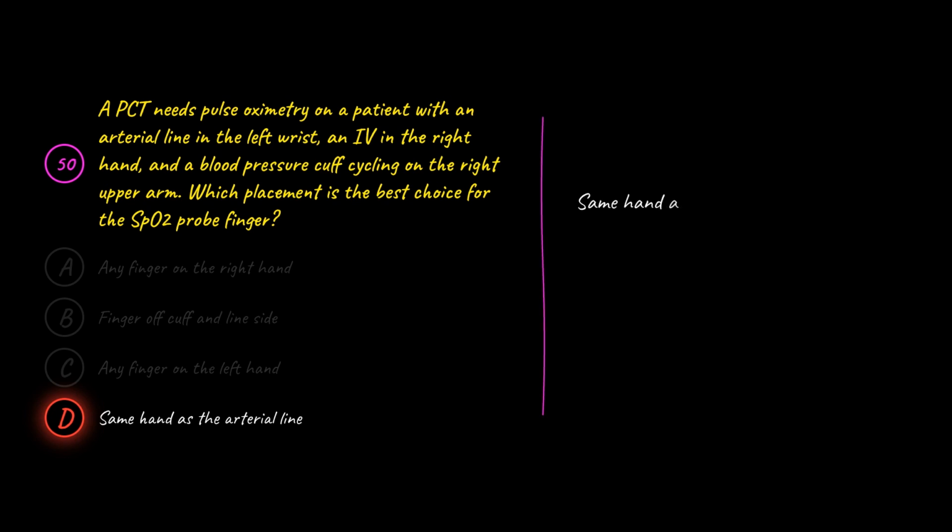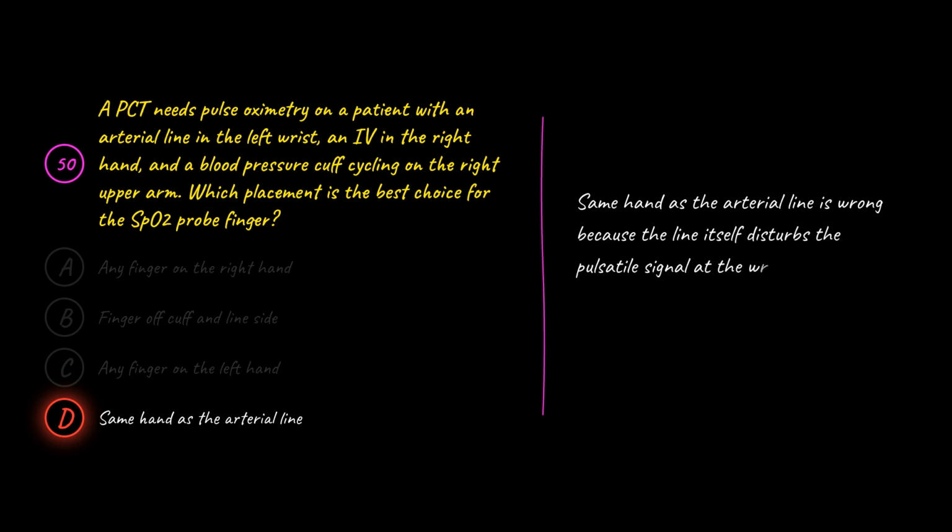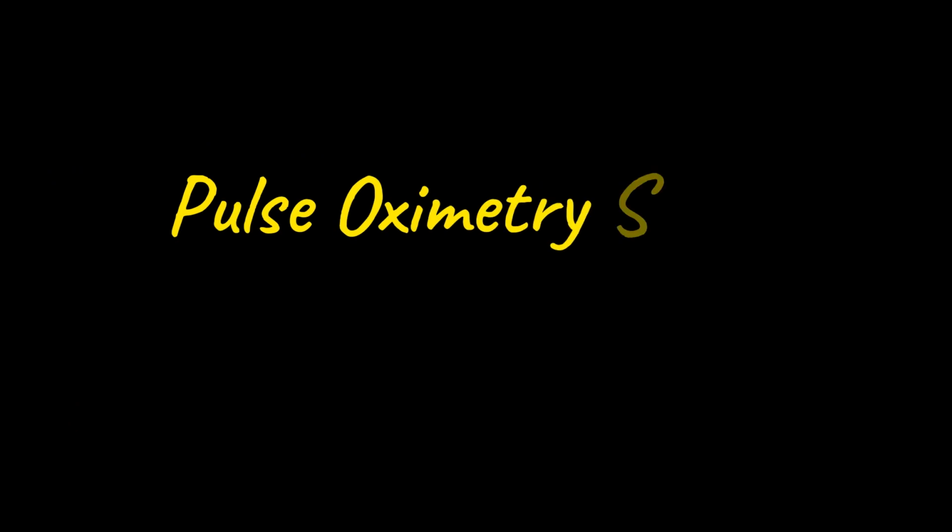D is wrong because the line itself disturbs the pulsatile signal at the wrist and will produce unreliable saturation values that misrepresent the patient's status.